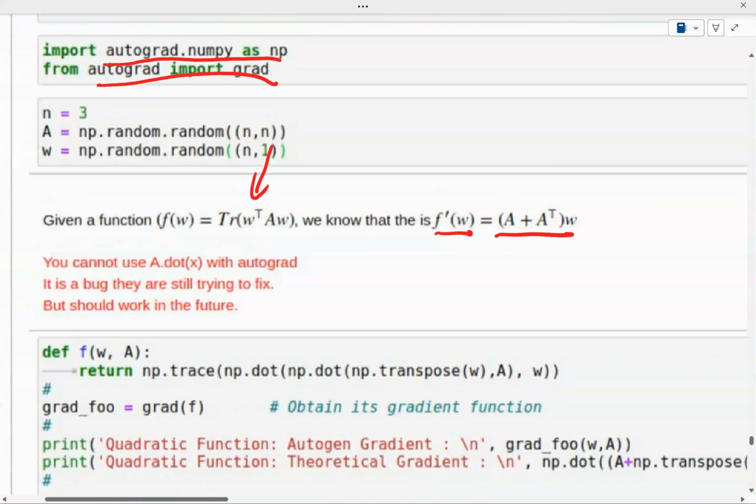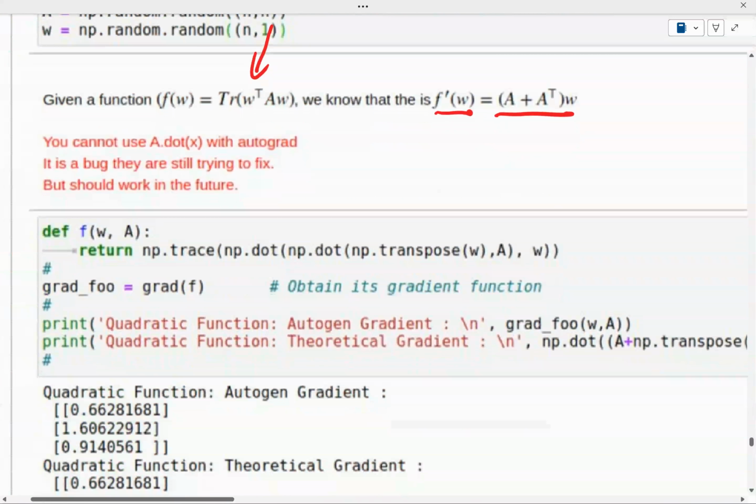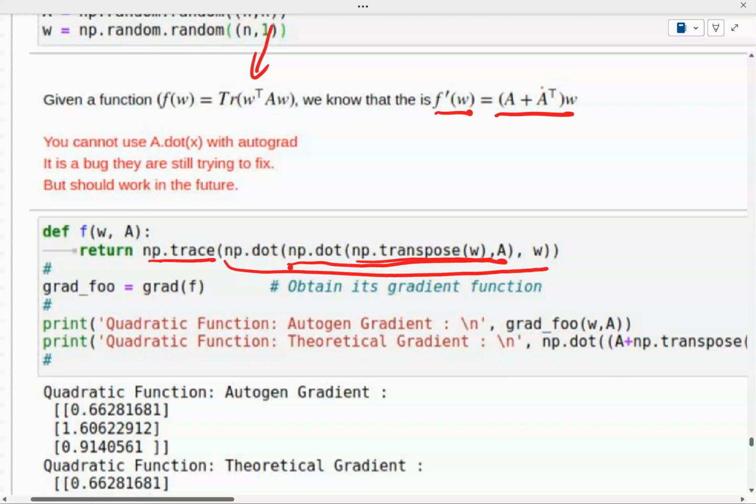Over here, it's saying that the function is trace of W transpose times A. So the transpose of this, and we do the dot product here, and then we do the dot product here. That's equivalent to this here.